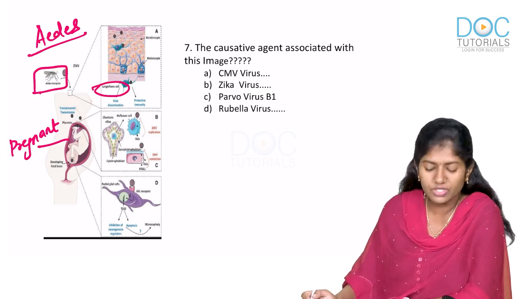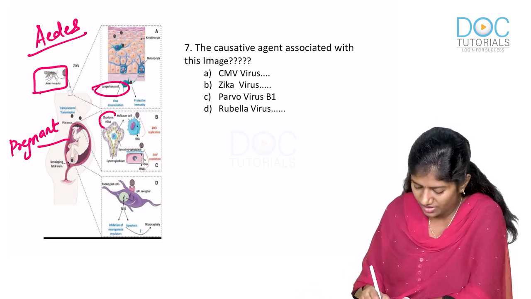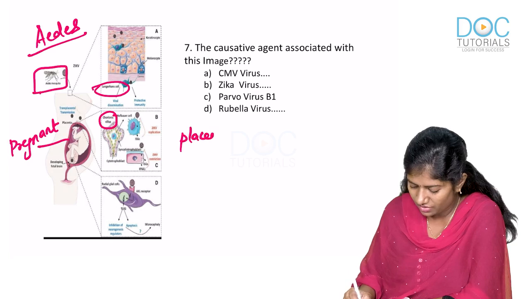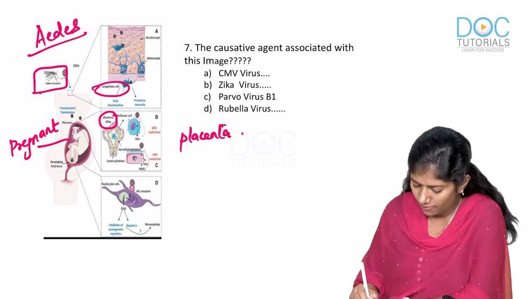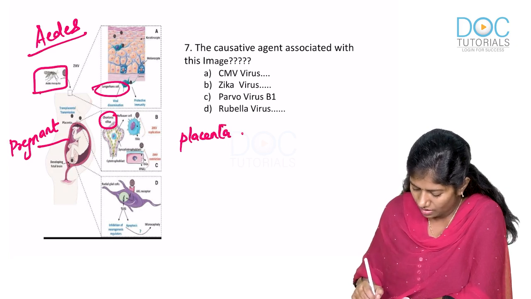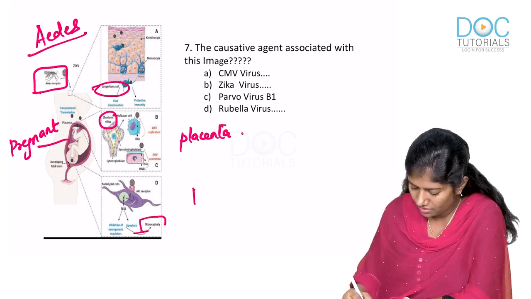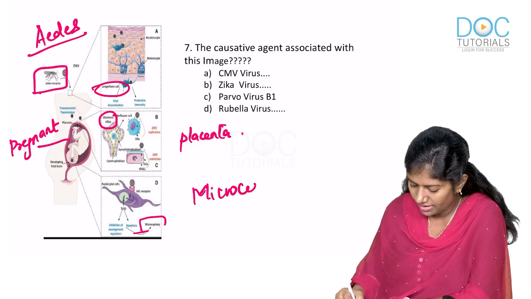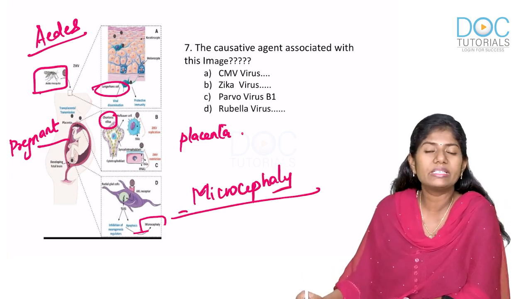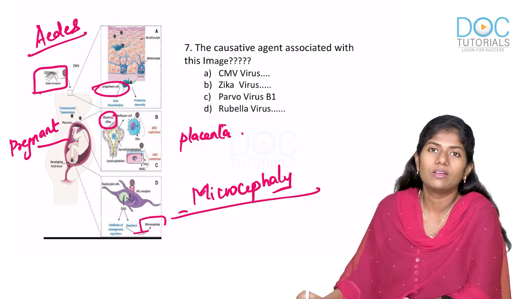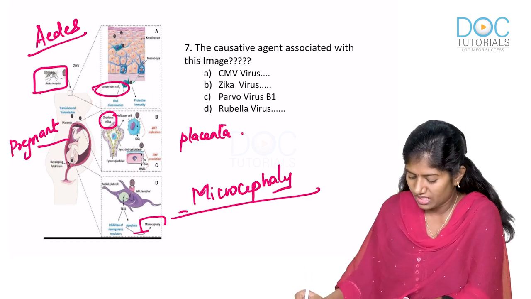Through the mother's bloodstream, it reaches the placenta, the chorionic villi. From there, it reaches the fetal circulation and finally, it leads to what? Microcephaly. So, the answer is very obvious, right? Aedes mosquito, pregnant lady, microcephaly. What is it? Obviously, Zika virus.